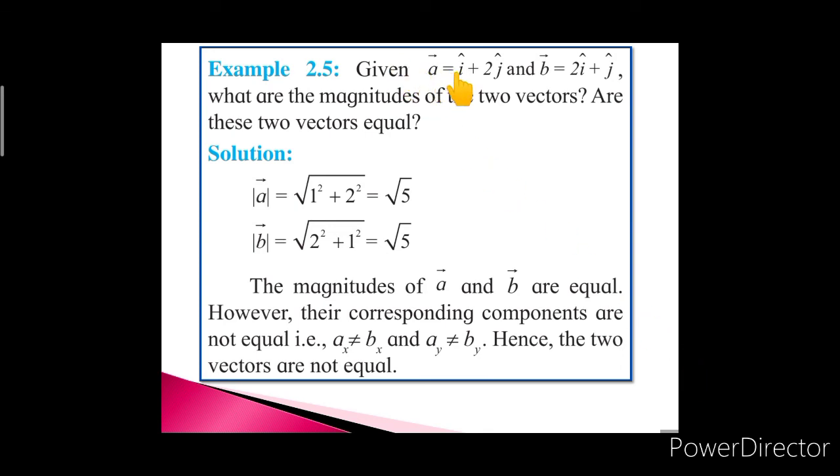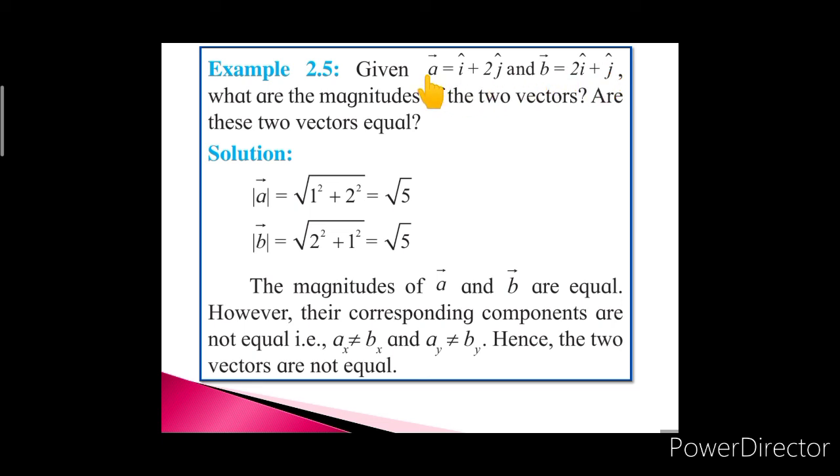For vector A, the component along the x-axis, Ax, is 1, and the component along the x-axis for vector B, Bx, is 2. So Ax is not equal to Bx. Similarly, the component along the y-axis for vector A is Ay equal to 2, and for vector B is By equal to 1. So here also Ay is not equal to By.